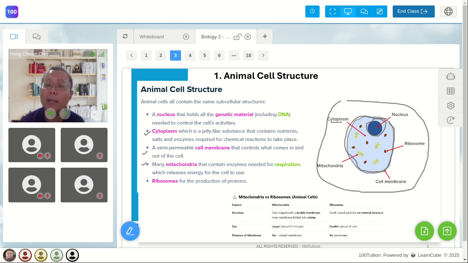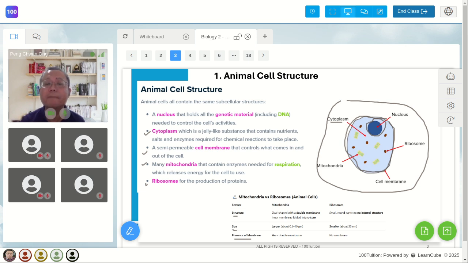And the last one for animal cells is the ribosomes. The ribosome is the place where amino acids are synthesized into proteins. It's where proteins are produced. How do you differentiate between the mitochondria and the ribosome? There are a few very obvious differences.